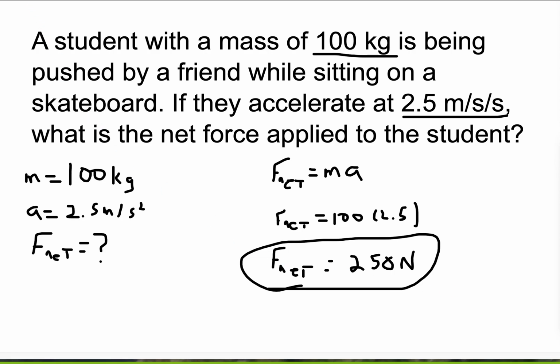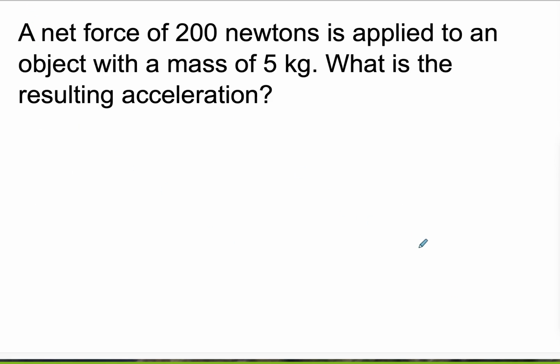Okay. So here's the next problem. In this one, I'm given the net force. So I have a net force of 200 newtons. So I'll write that down. F net equals 200 newtons.